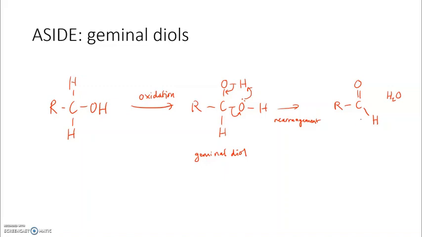Now, what you see is that your geminal diol has been converted into this C double bond O group. This is at the same functional group level as the geminal diol, which is level 2.